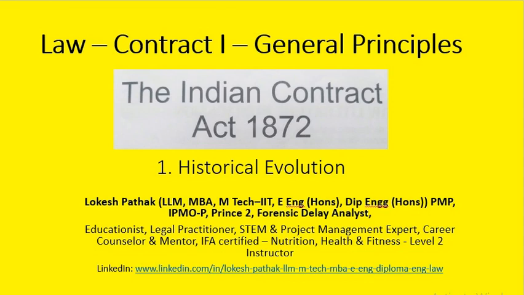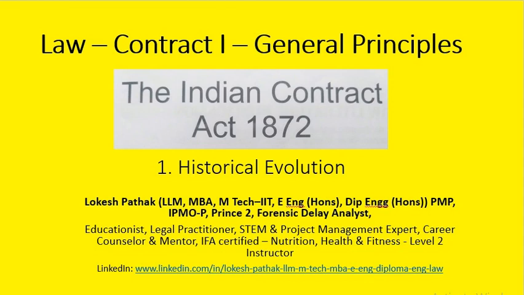Section 3 to 75 was related to essentials of the contract. Section 76 to 123 was related to sales of goods, and this portion was repealed in 1923 and made a separate act, which is the Sales of Goods Act. Then section 124 to 238 is related to indemnity, guarantee, bailment, agency and pledge.